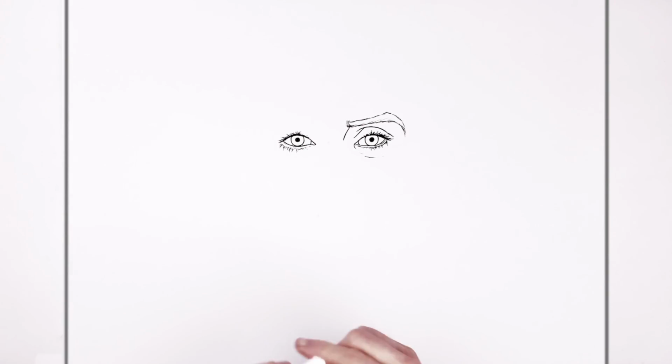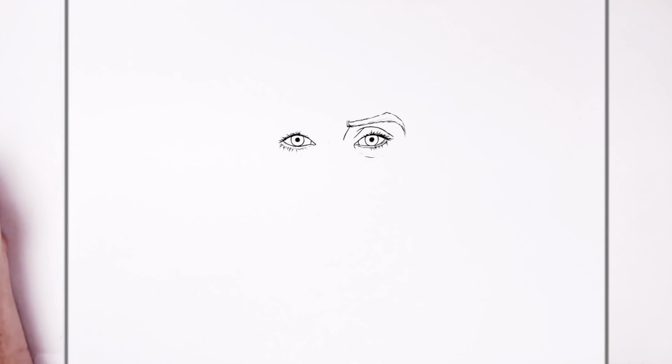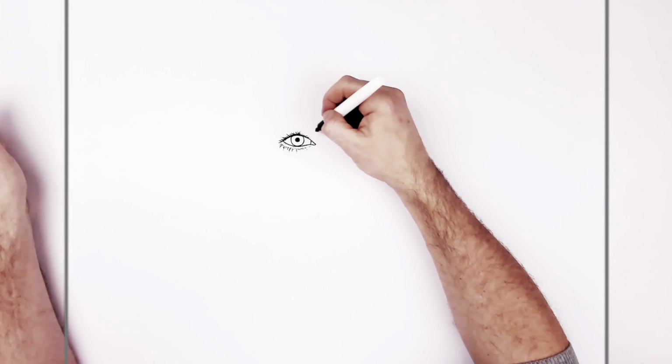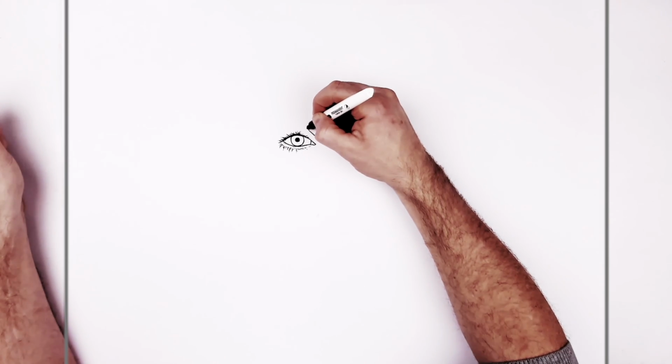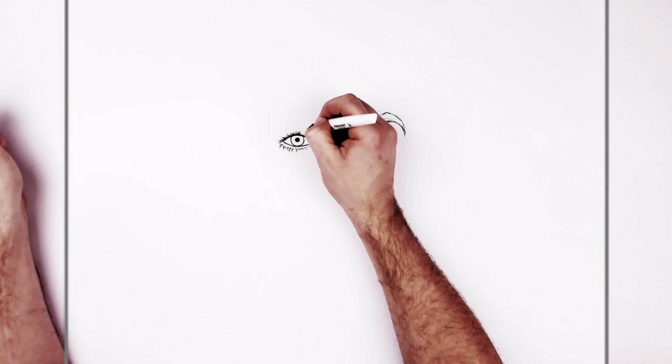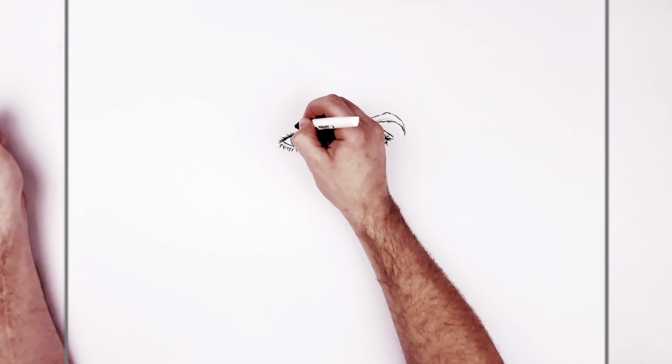Okay, so then big eyelid lines again on top. He's got a real big one. So we go diagonal up there, and then it comes around that eye socket area.